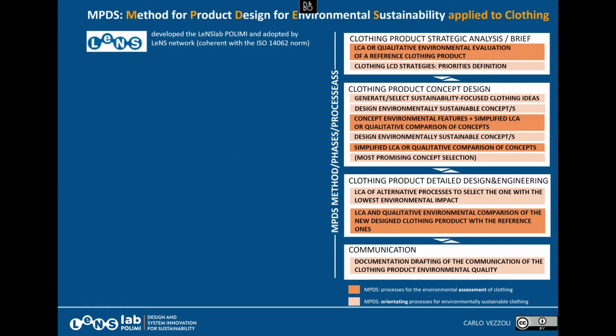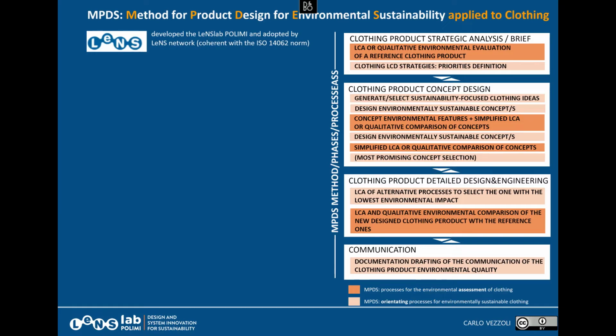So here there are some processes as we had for the MSDS. Some are to assess the environmental, in this case only the environmental impact. In the case of the MSDS, it was even possible to assess the socio-ethical dimension. Okay, something we didn't do, but here is a little difference about that.